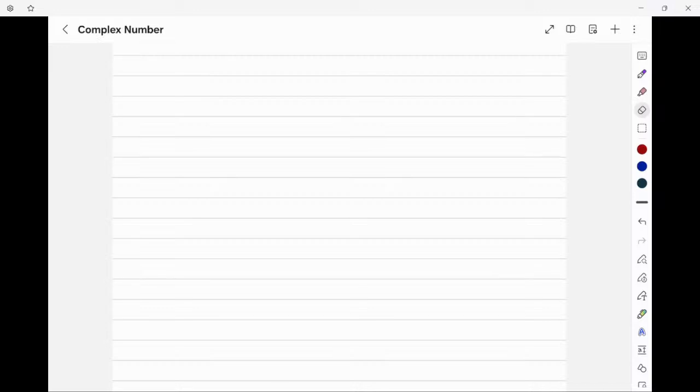He is the first mathematician who introduced the complex number, because some algebraic expressions can't be factorized, like x square plus 1, or x square plus 2x plus 2, or x square plus x plus 1.